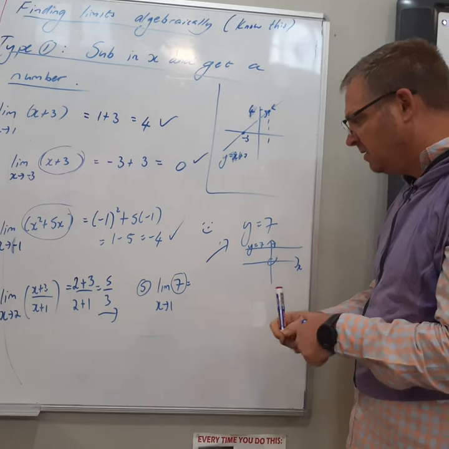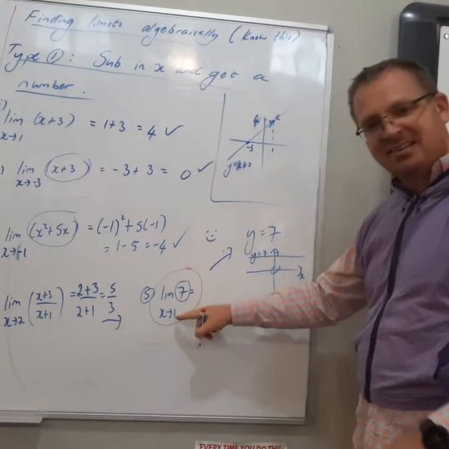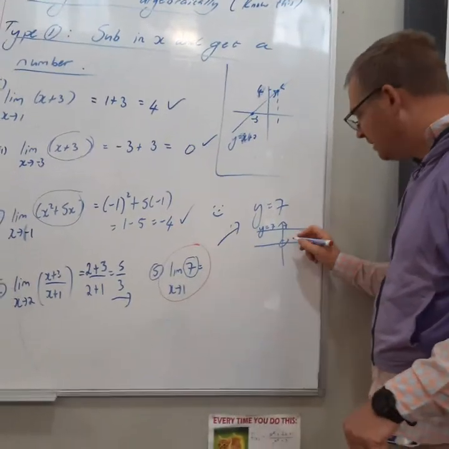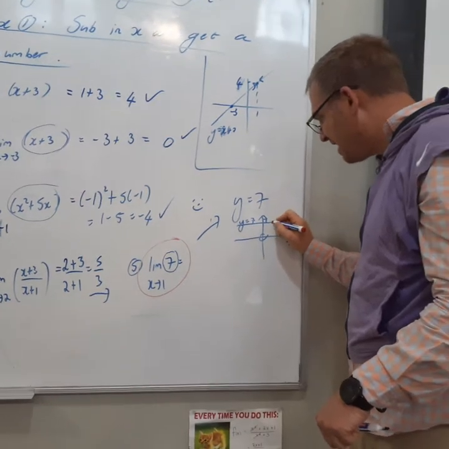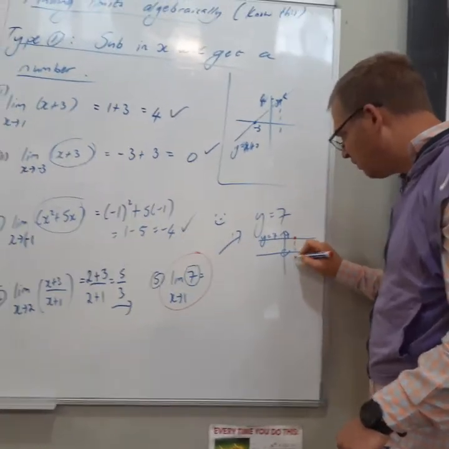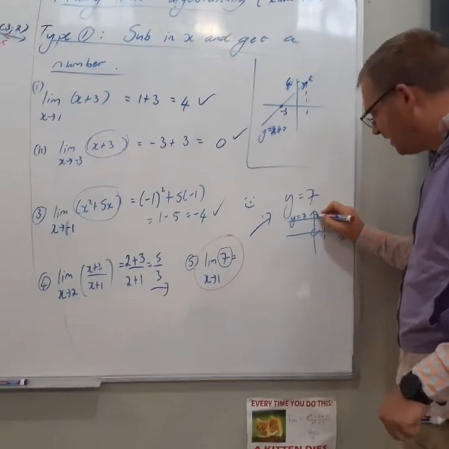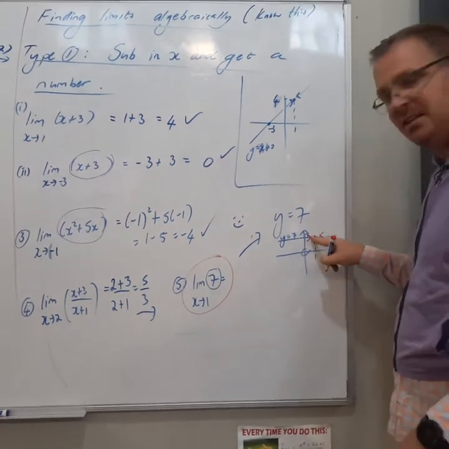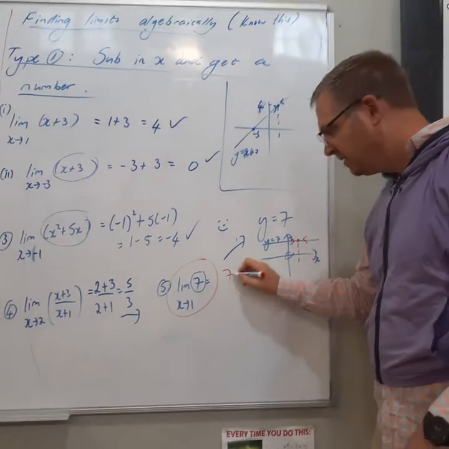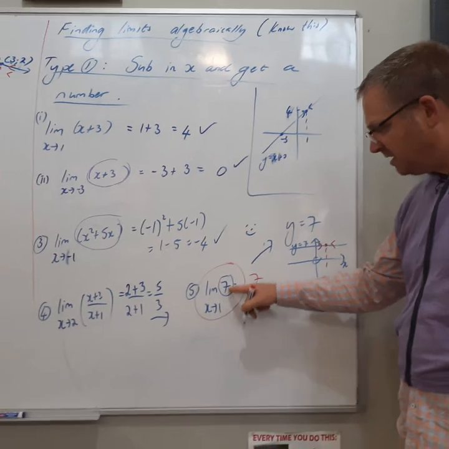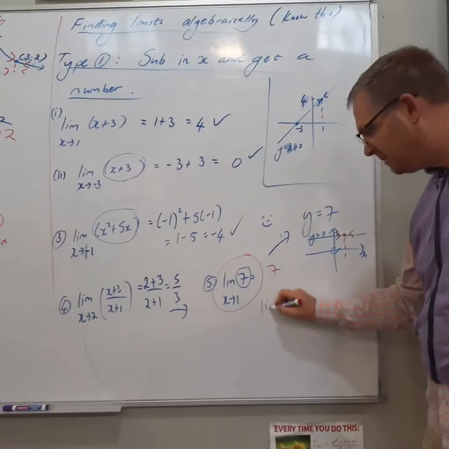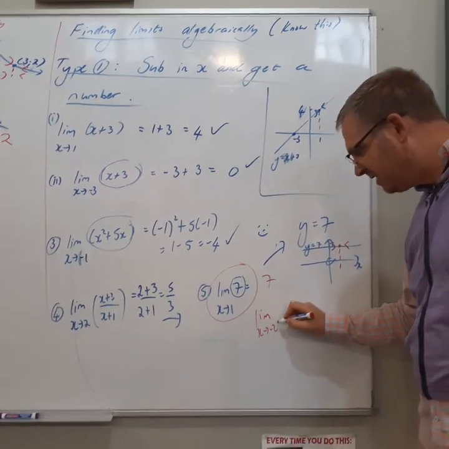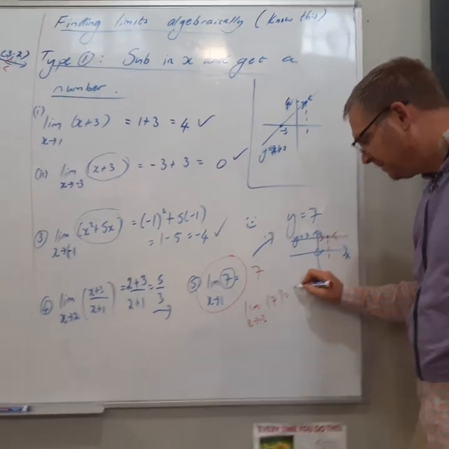So the question, what is the limit as x tends to 1 of 7, means mathematically, as we head towards an x value of 1, what y value are you heading towards? Well, you're heading towards a y value of 7. So the limit as x tends to 1 of 7 would be 7. The limit as x tends to negative 2 of 7 would be 7.